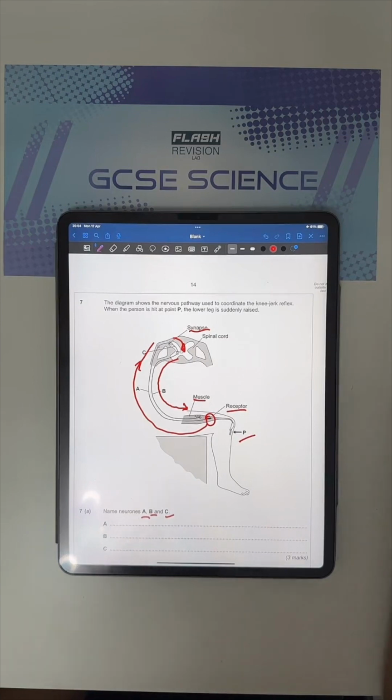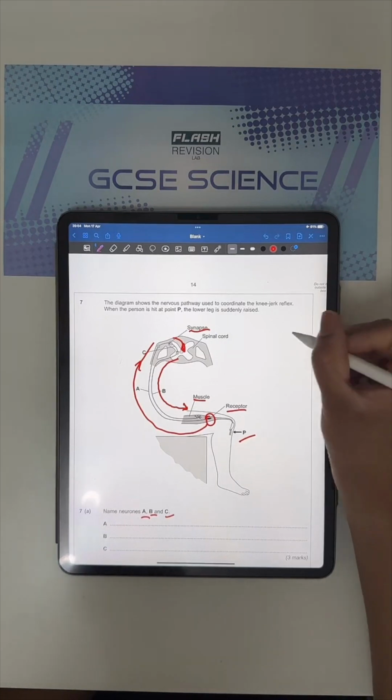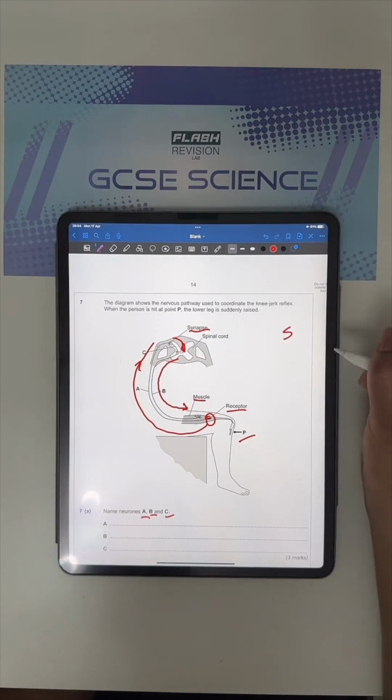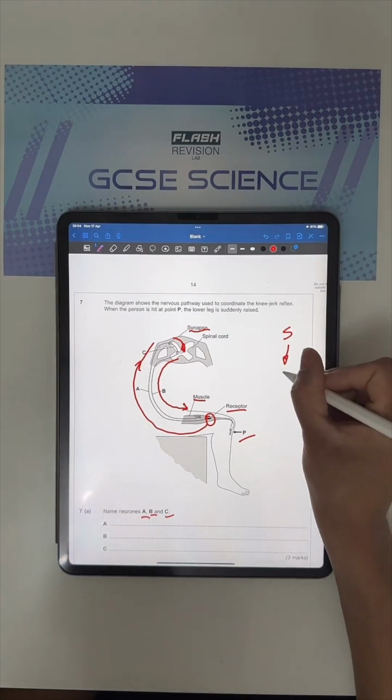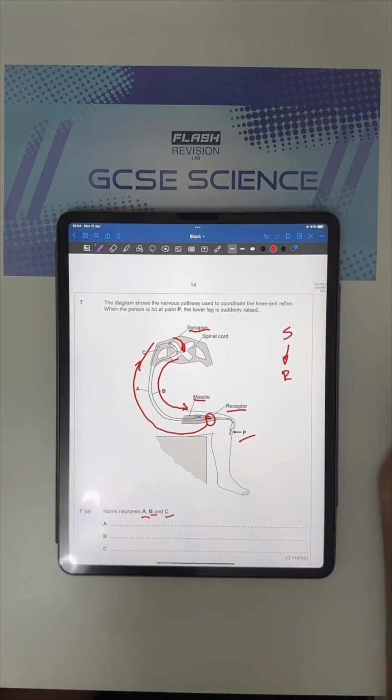Do you guys know what order everything goes in? We did a video on this a few days ago, the order of the nervous system. It all starts off with a stimulus. A stimulus is a change in the environment, something that your body can detect. From there, that gets picked up by a receptor.